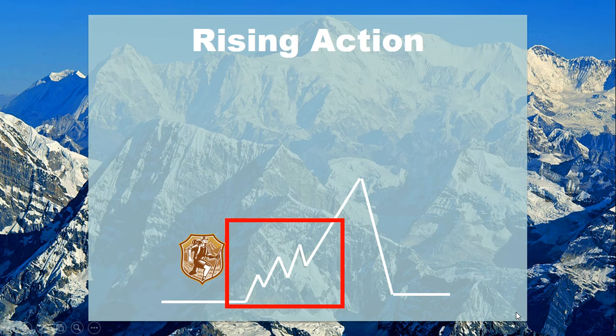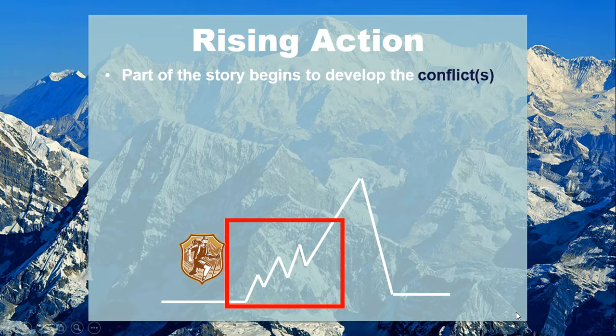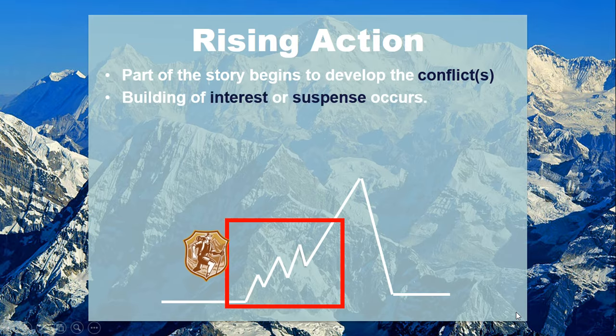Rising action should really be more accurately shown as a jagged line, as you see here in the red box. Each up and down is depicting the highs and lows of the events that the character goes through. When one problem is solved, another seems to pop up. This is what keeps us intrigued and interested as readers in a story.